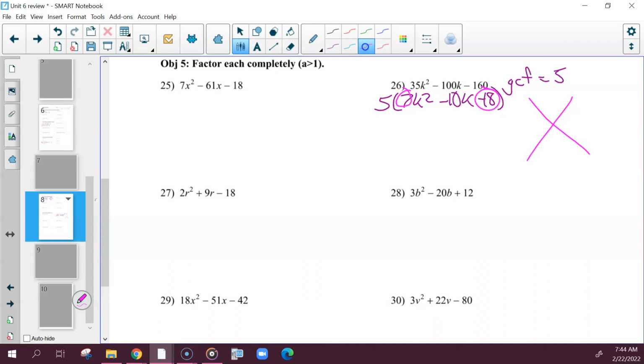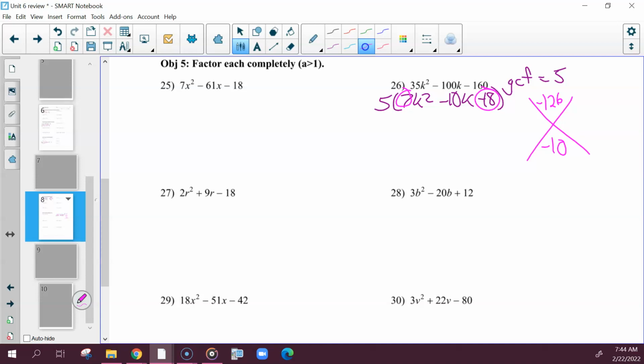Negative 9 and then negative 2. What was the number first? 126. Okay, so we're looking for two numbers that multiply to be negative 126 and add to be negative 10. So that's a big number.